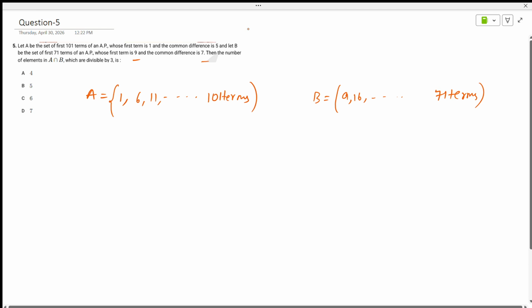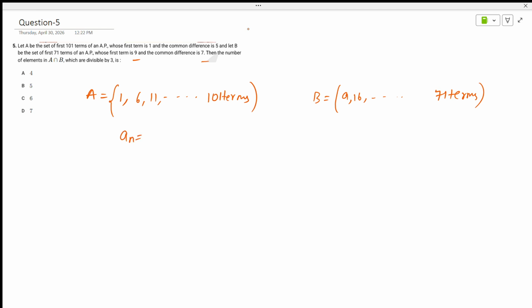So let us write the standard form of the first AP. An is equal to a plus n minus 1 into d. Since there are two APs, let us write this as n1 minus 1 into d. d is 5, so we'll get 5n1 minus 4. This is An.